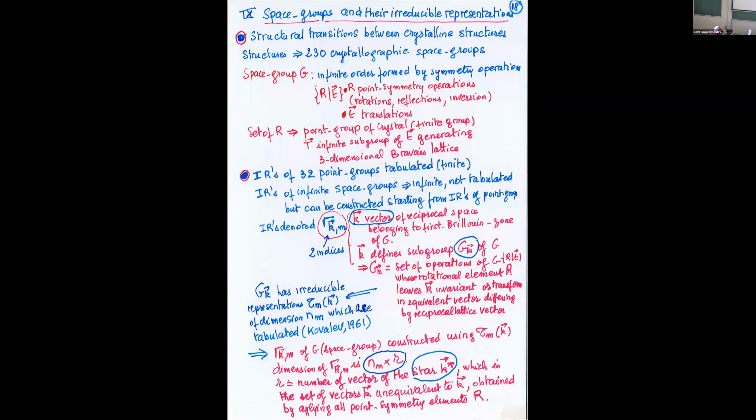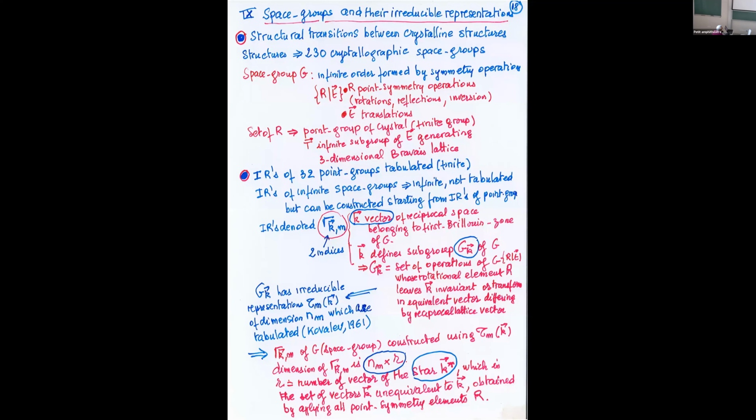Well, let's say that an irreducible representation requires two indices, K and m. K is a wave vector of the reciprocal space, which belongs to the first Brillouin zone of G. G is the parent space group.